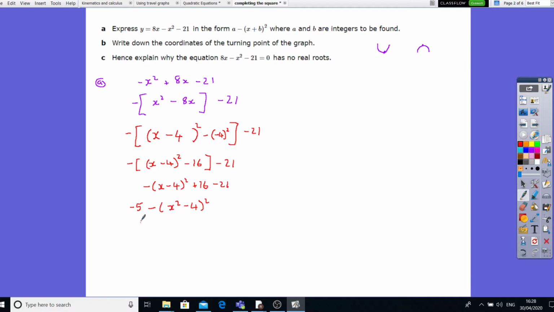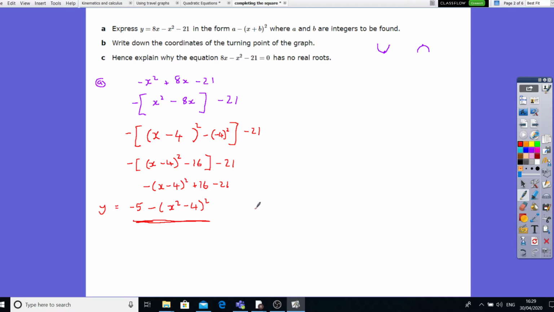And that is in the form it wants. So let's just leave that like that. This is part A. So y can be written in this form.